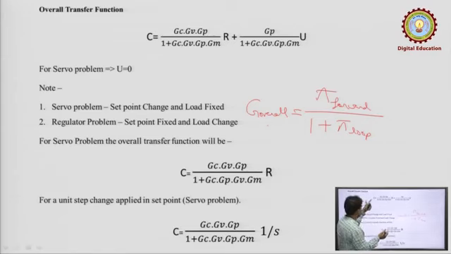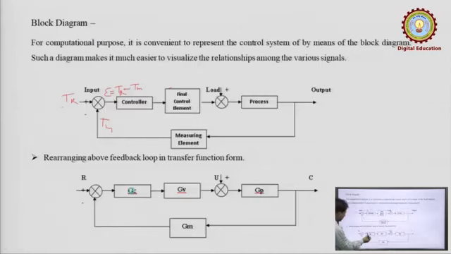Here you can see C equals Pi forward. Pi forward means the transfer functions occurring in the forward path from the set point to the output.